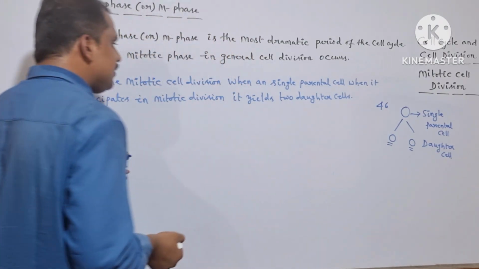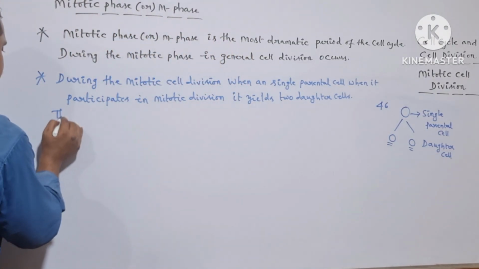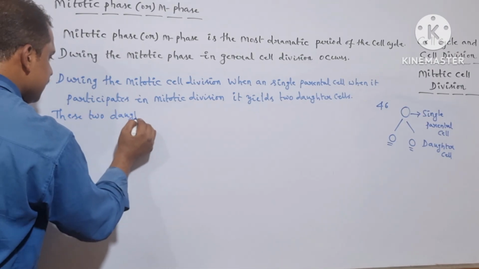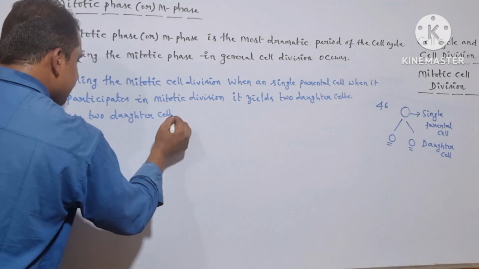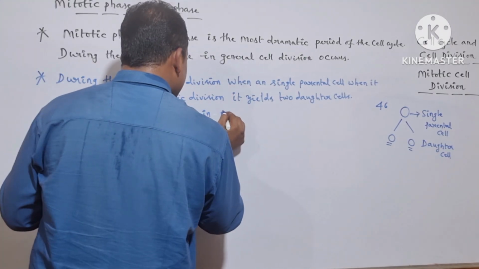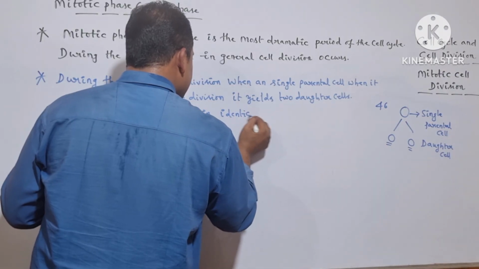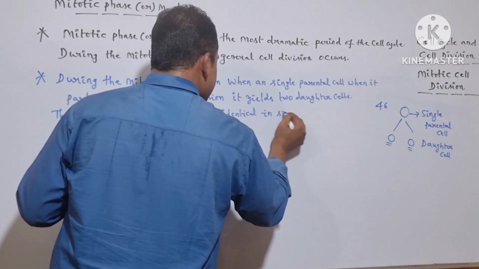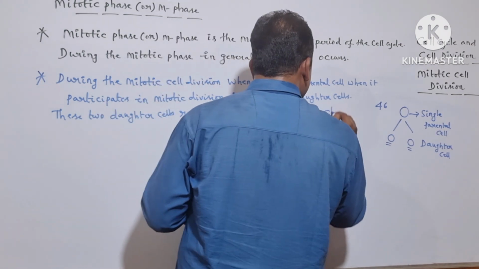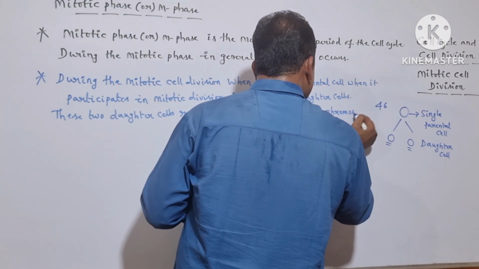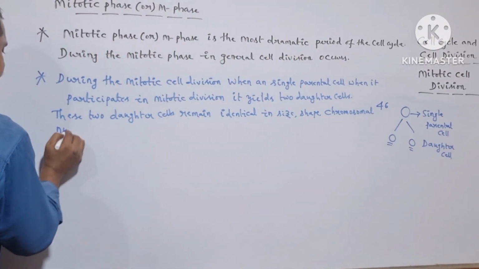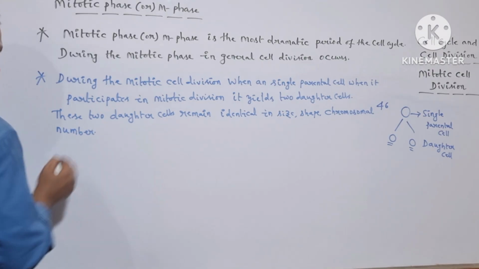And these two daughter cells remain identical in size, shape and even in chromosomal number, right? So that is why mitotic cell division is otherwise known as equational division.